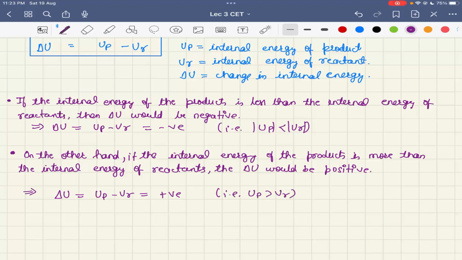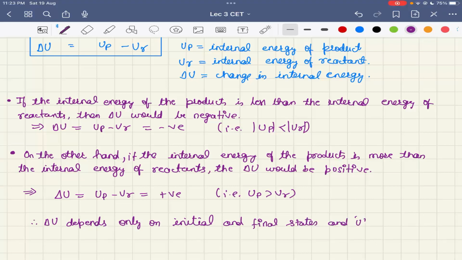Thus the internal energy U is a state function. This means that delta U depends only on the initial and final state and is independent of the path. In other words, delta U will be the same even if the change is brought about differently. Hence, delta U depends only on initial and final states, and U is a state function.